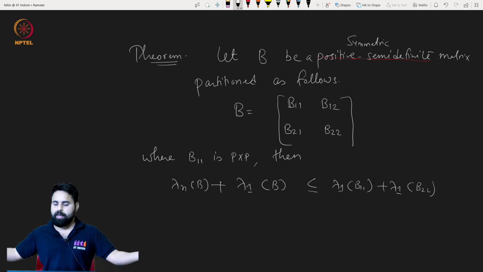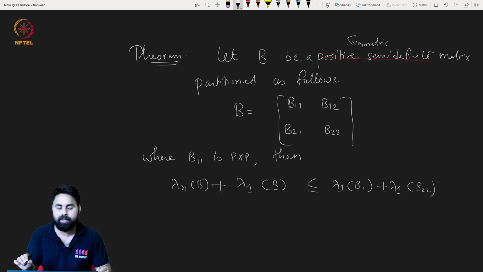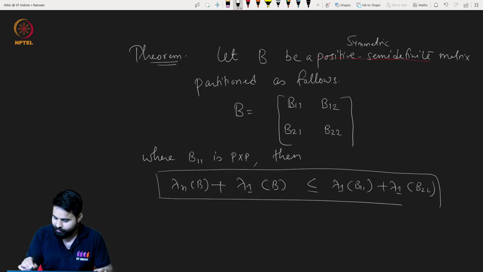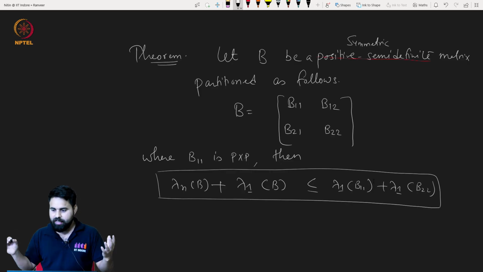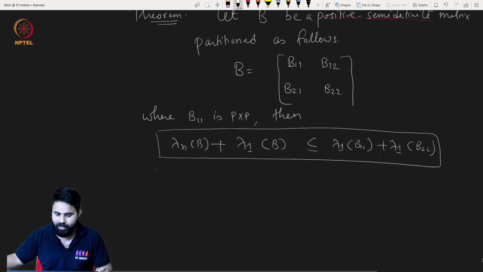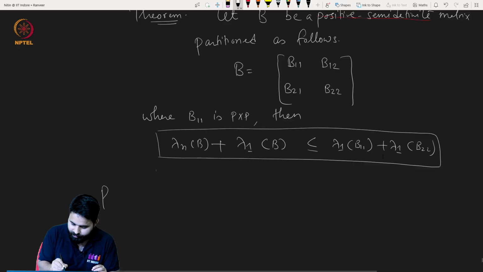For any symmetric matrix, partitioned as follows, where B11 is some P cross P matrix, the smallest eigenvalue plus the largest eigenvalue is always less than or equal to the sum of the largest eigenvalues of its blocks. Very good, so this is in general. Let us prove this, and we will make use of positive semi-definiteness here somehow. So, proof.